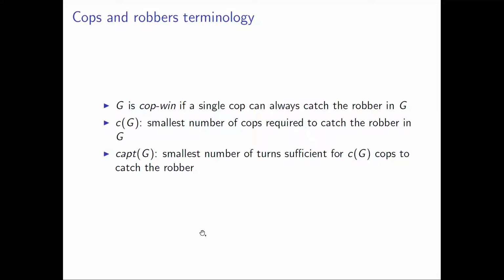So let's look at another term, and it's related to something that we were talking about on some of the last few slides when we were looking at the path and the cycle. So we were considering how long it takes to capture the robber. And we define another function for this. So we had the Cop number right here.